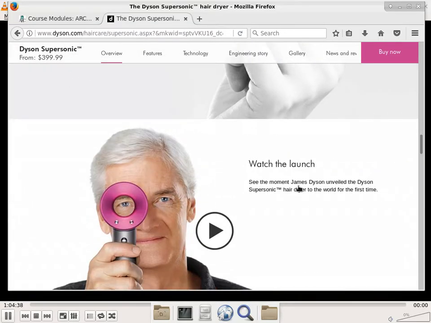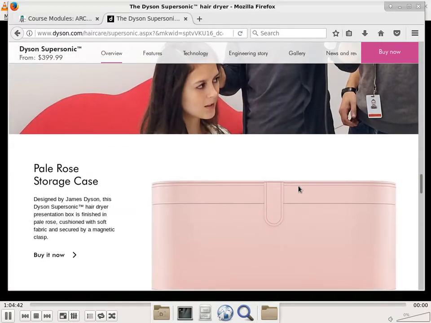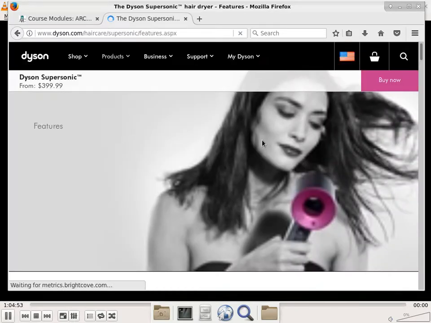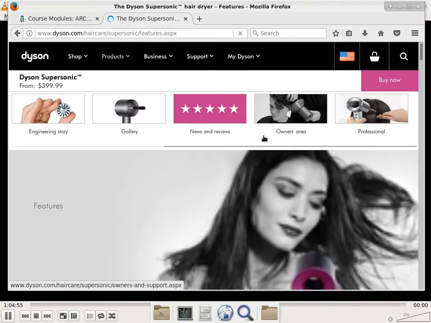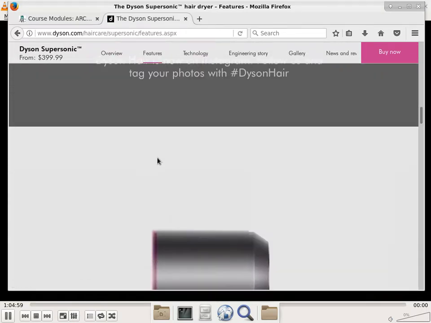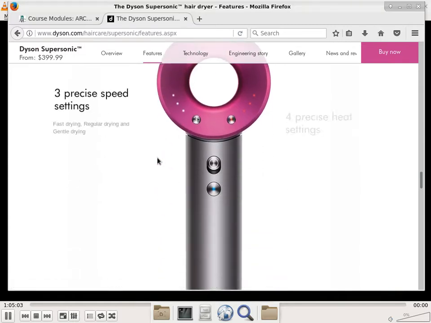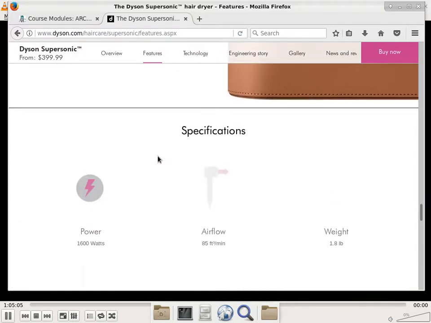Yeah, that too. Yep. Okay, owners area. Right on the top. Technology. Features. Okay, let's check out features. Why are they wearing backpacks? She's worried that she spent like $400. For real? Oh, come on. What did I just buy? No. I need numbers. So technology.